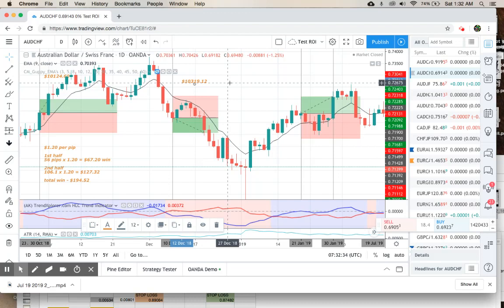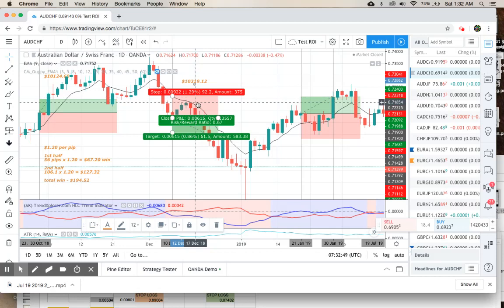So, okay, $10,319.12 times 1%. Okay, so $103.19. Okay, $103.19 divided by what we're standing to risk here.